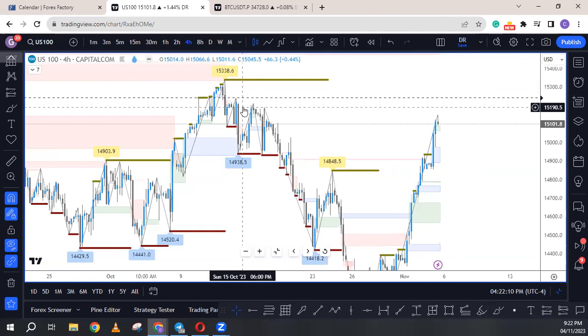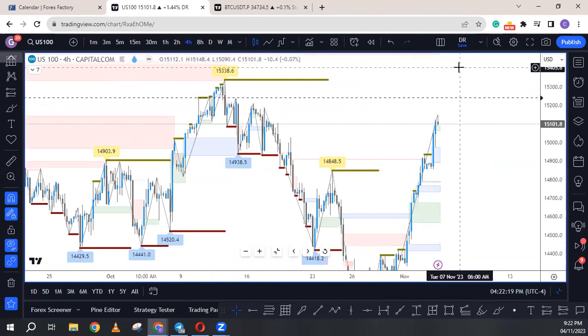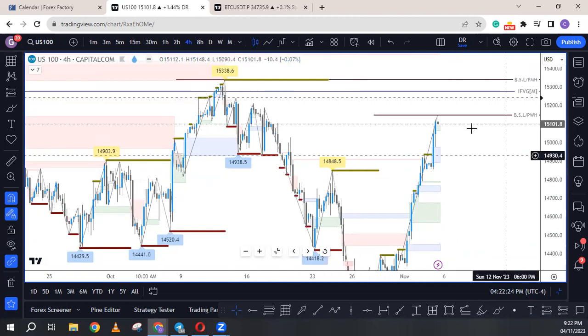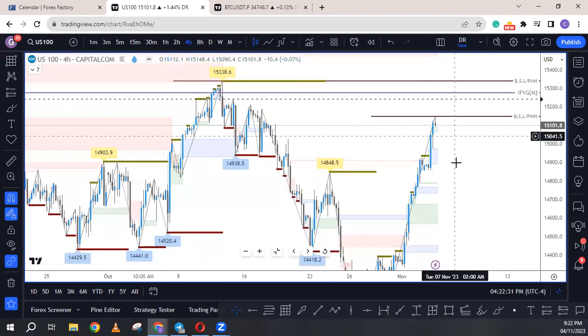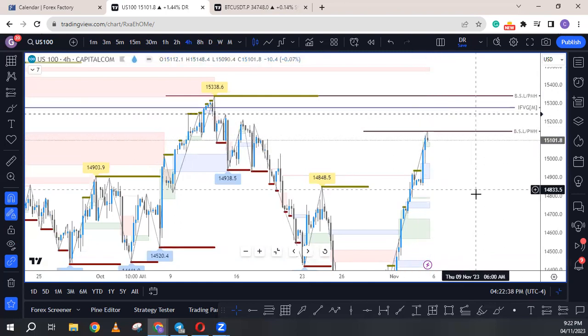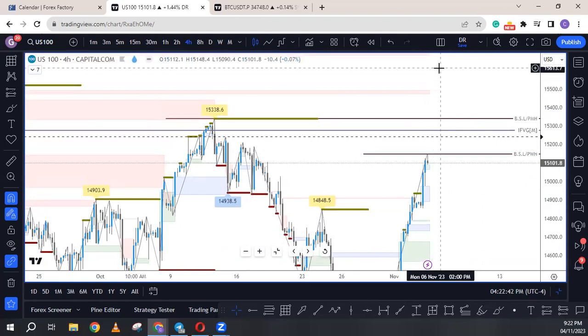That depends on what we see on Sunday. If there is no gap up, all things being equal, let me put back on my annotations. So this is the previous week. If there is no gap up above here, because if there is a gap up, that gap will become a kind of line in the sand. As long as price does not close back below that gap, it will continue to the upside.